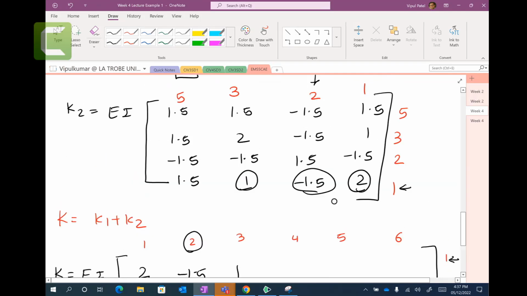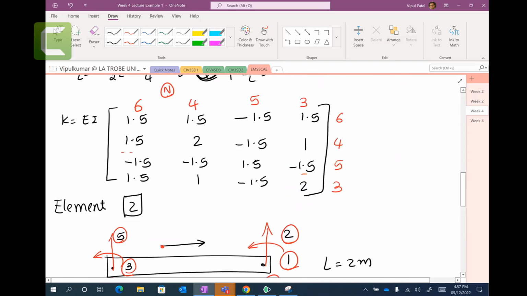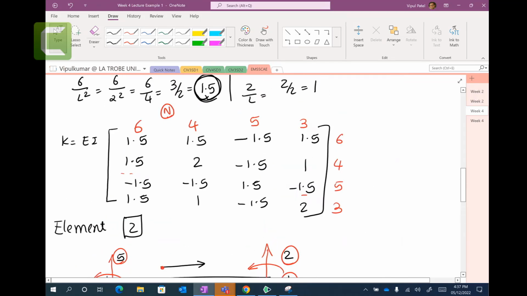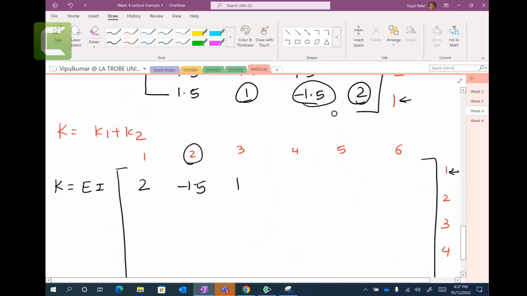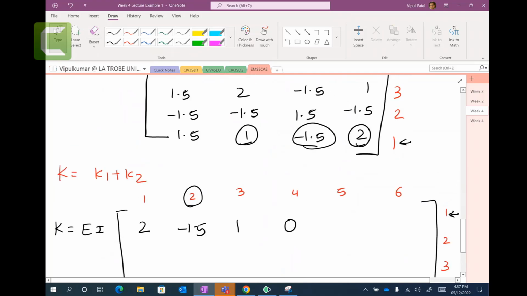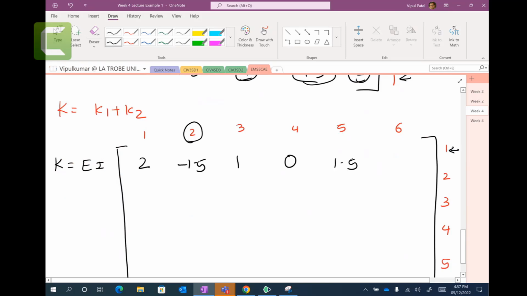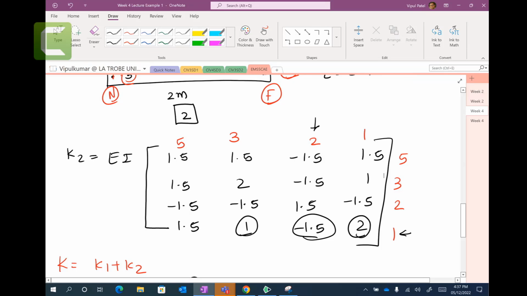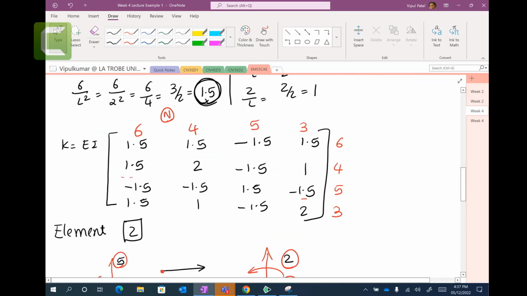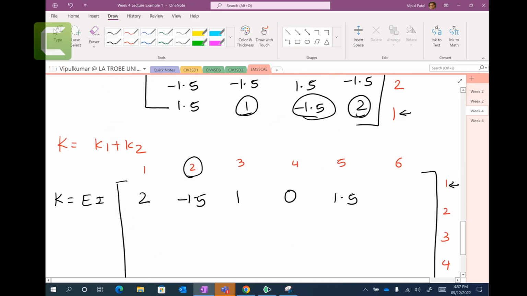Column 1, is there a 4 column here? There is no 1, so that is 0. Column 5, row 1, 1.5. So I hope you understand this game. It's just like putting those numbers where they're supposed to be in terms of 1, 2, 3, 4. And column 6, row 1, there is nothing, so that puts 0.